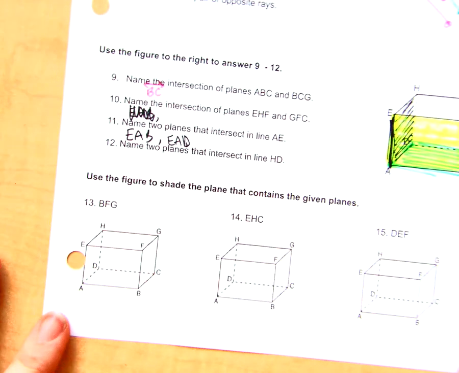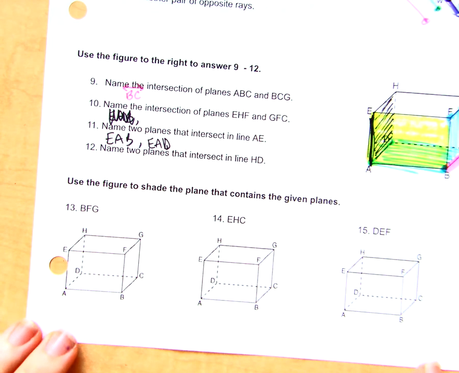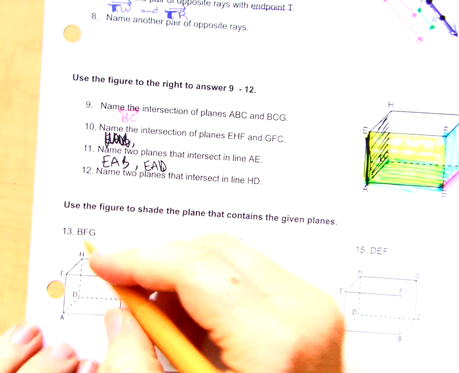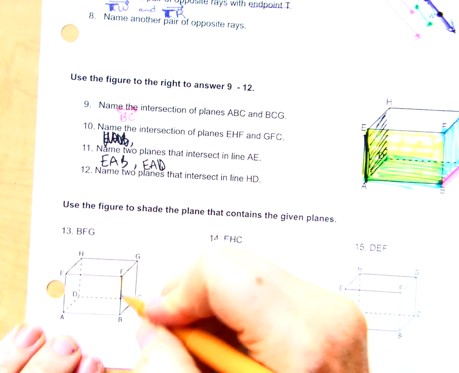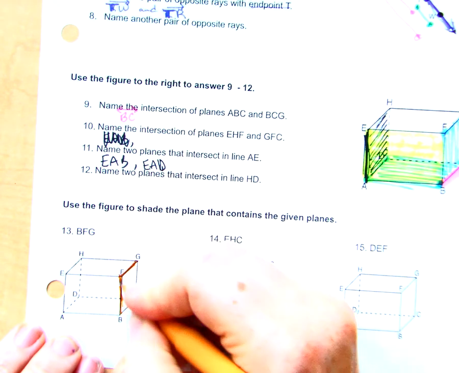All right, moving on to number 13. Use the figure to shade the plane that contains the given plane. Interesting. So BFG is the plane that includes these two sides, right?